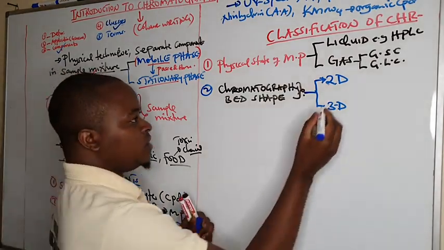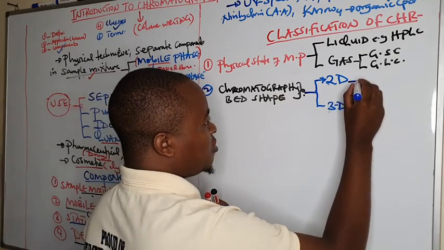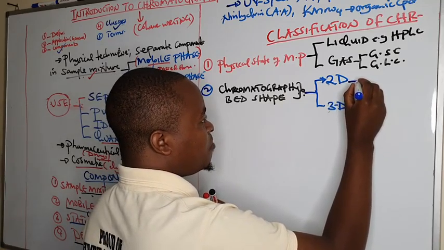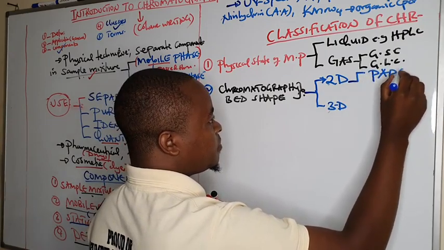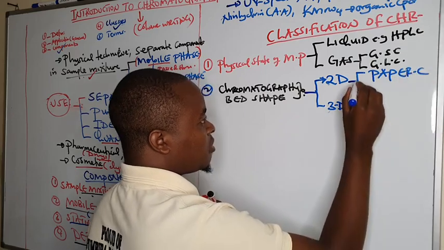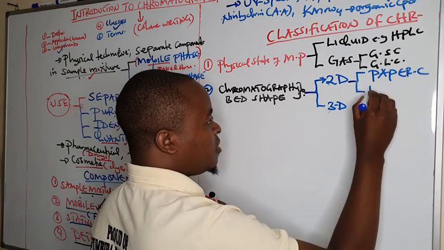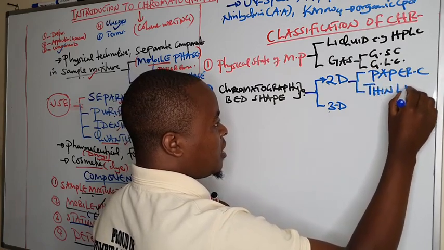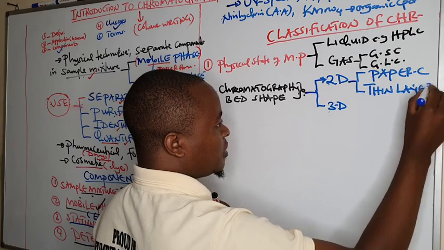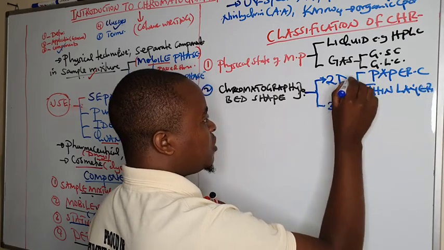With the 2D, 2-dimensional chromatographic bed, we have what we call paper chromatography, and we have thin layer chromatography. So these are the two types which are 2D.